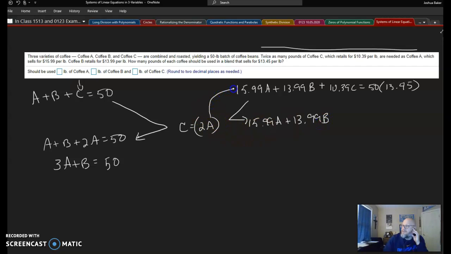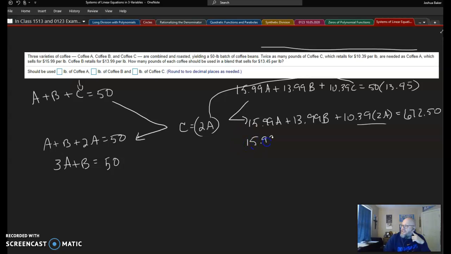All right, so I'm going to substitute this in for C here. Plus 10.39 times 2A. And if I multiply 50 times 13.45, I get $672.50.